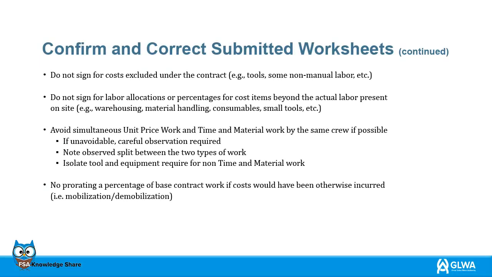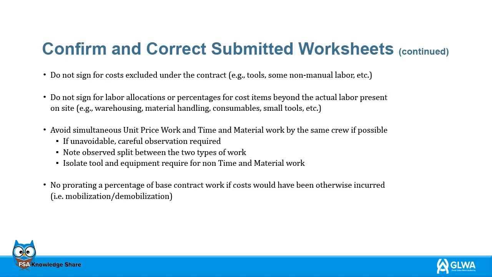Contract compliance is essential for all parties, and the project manager should be aware of the following: costs excluded under the contract should not be signed for. For example, tools, some non-manual labor, etc. Labor allocations, or percentages for cost items beyond the actual labor present on site should not be signed for. Avoid any concurrent unit price work and time and materials work by the same crew.